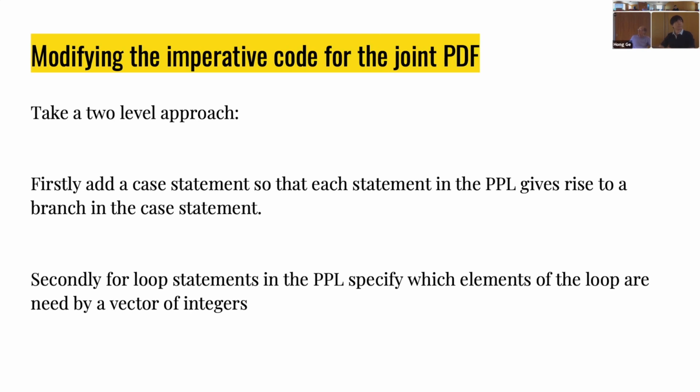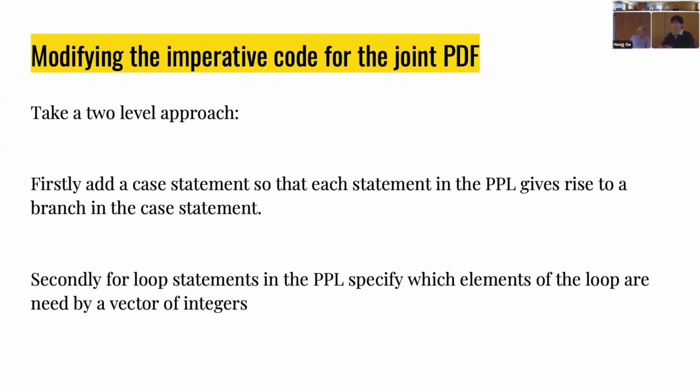So, a very simple idea, just to specify the indexes of the elements of the loop that you want to evaluate. So you can just partially evaluate loops in the model.